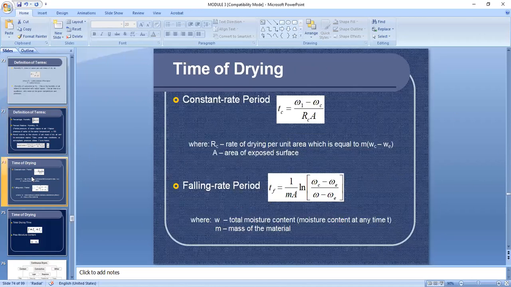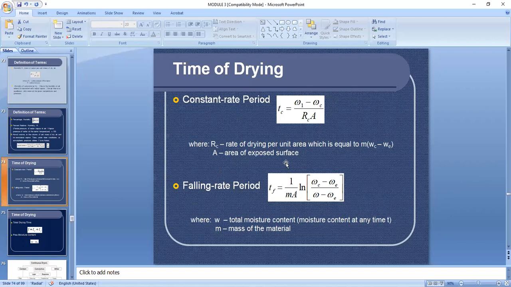Now, for the time of drying for the constant rate period, you have the formula here. It's the initial moisture content, W sub 1, minus the critical moisture content, W sub C, divided by the product of the rate of drying per unit area times the area of the exposed surface.